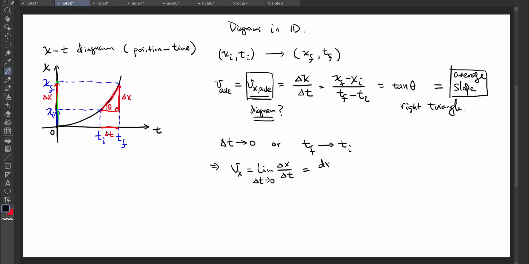And we call it dx dt previously. Okay. Now, in terms of the angle, it's still tangent theta, and it's still the slope. The name is still slope, but this slope now is the instantaneous slope. Now, in order to draw a better and clearer picture, let me redraw this xt diagram.